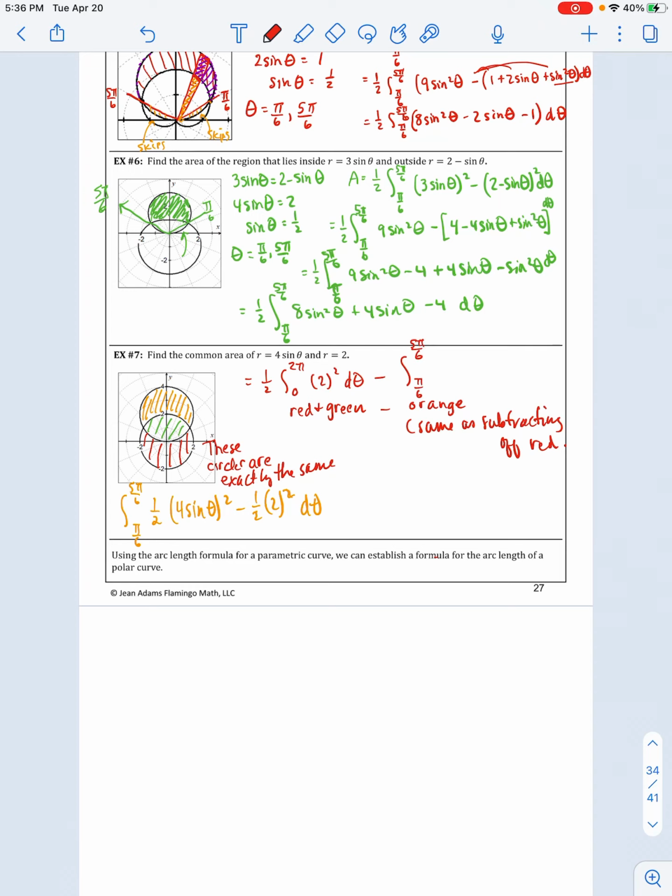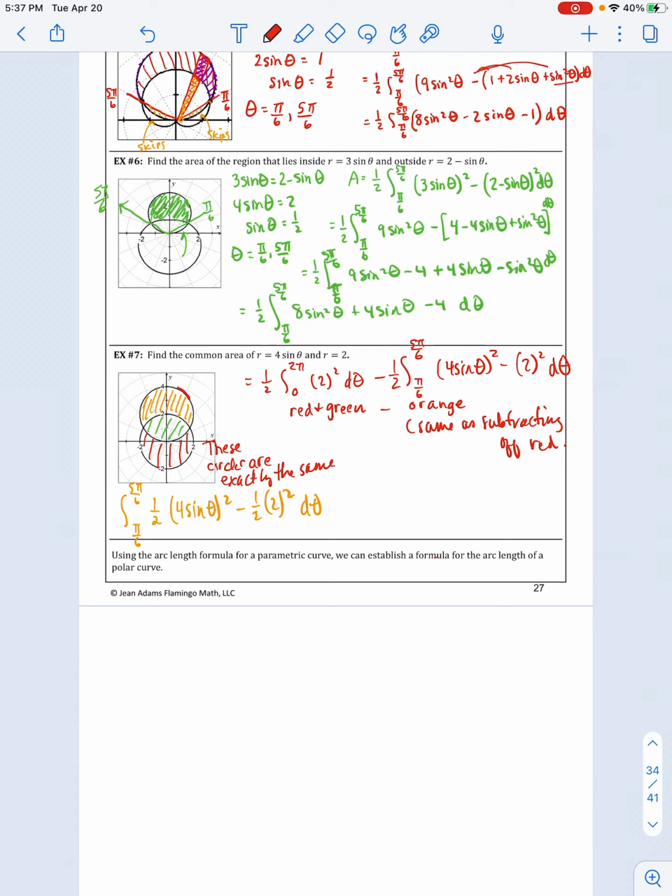So we are going to subtract off our integration from pi over 6 to 5 pi over 6. Sorry, I'm going to put my 1/2 out front. Our outer, which is 4 sine theta. When I say outer, I'm talking about this outer, squared minus our inner, which is 2 squared.